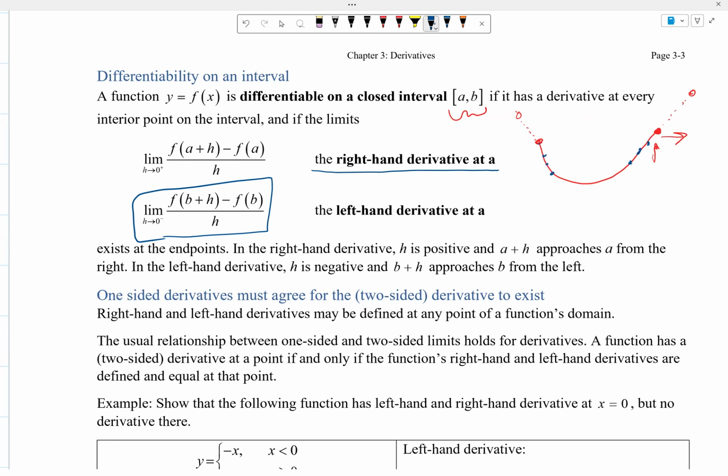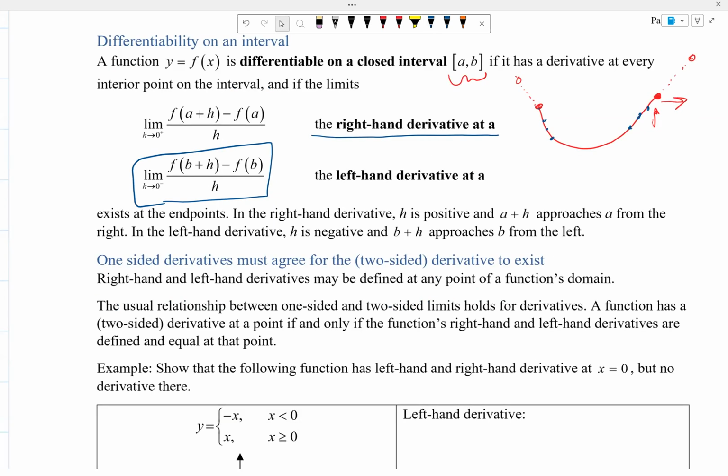It just means I'm restricting which side h can be on. If h can only be negative, I'm on the left-hand side of that point. If h can only be positive, then I'm restricting myself to the right-hand side.